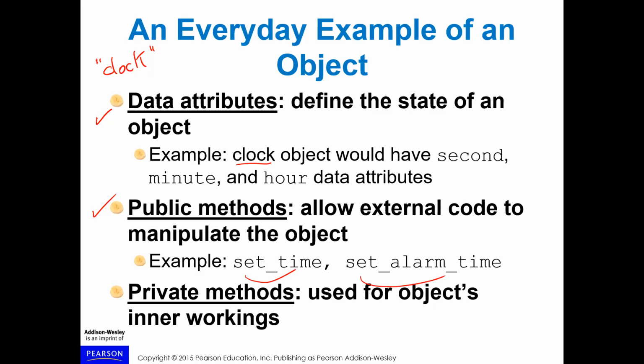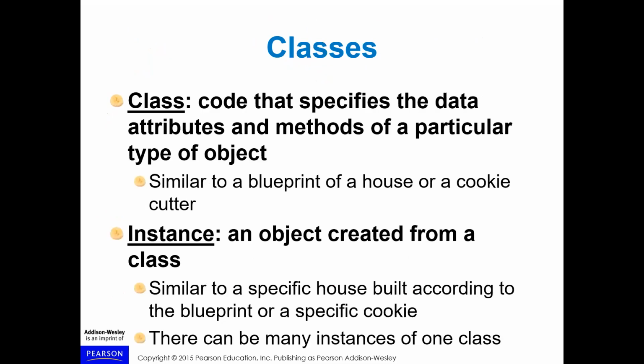And then you have private methods, which are used for the object's inner workings. Inside the clock, you might have some internal variables that you don't need to change that much, right? They're just there by default, okay? So that's really the idea. You have some methods and variables, and they're part of that encapsulation.